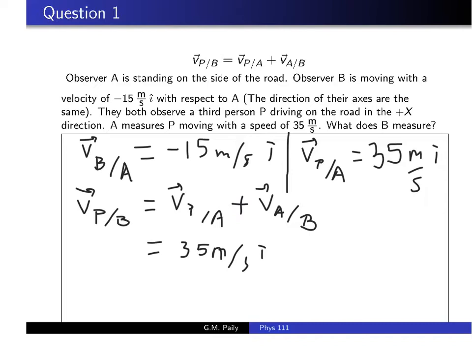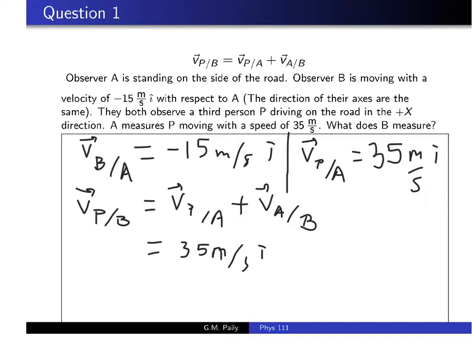The velocity of A with respect to B is simply the negative of the velocity of B with respect to A. After all, if A sees B as moving forward, then B would see A as moving backward, and vice versa.